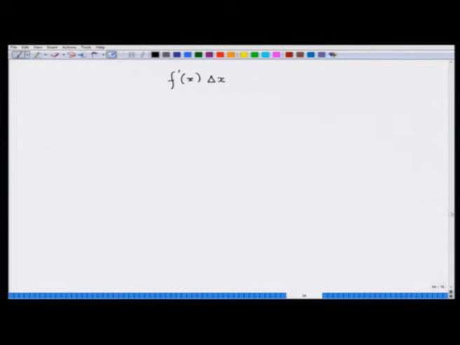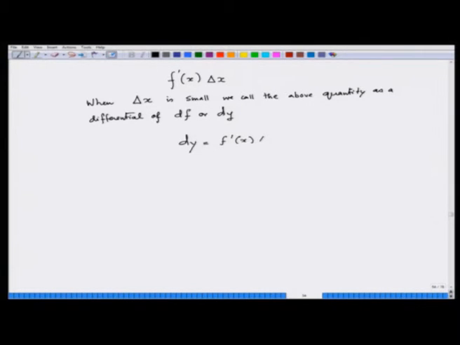This quantity, when delta x is very small, we call the above quantity the differential of y, the differential of the function, df or dy, whichever one. So, we write dy is equal to f dash x into delta x.